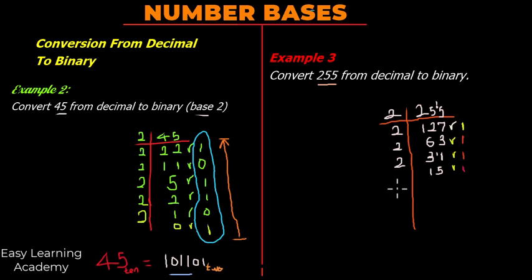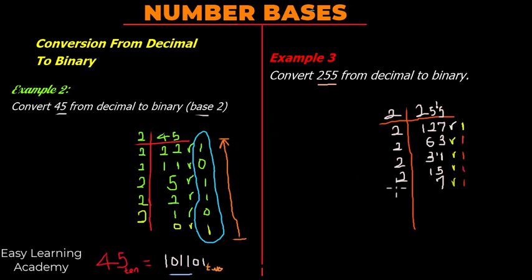We still use our 2 because we are changing to binary. 2 into 15 will give us 7, and our remainder will be remainder 1. So we have the remainder 1 here. Okay, so we are almost done.